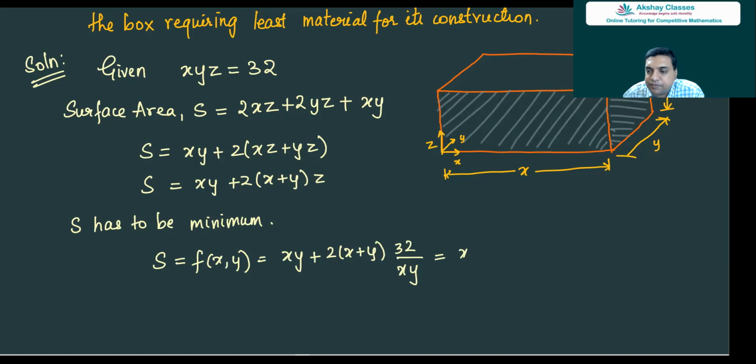So we get xy plus 64 times x plus y upon xy. So the function which was of 3 variables, we have converted to a function of 2 variables.